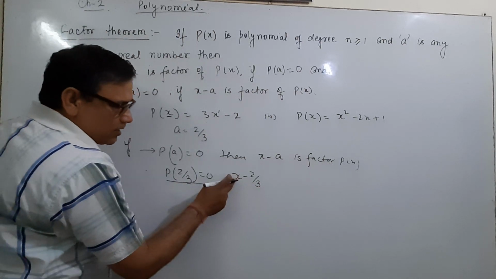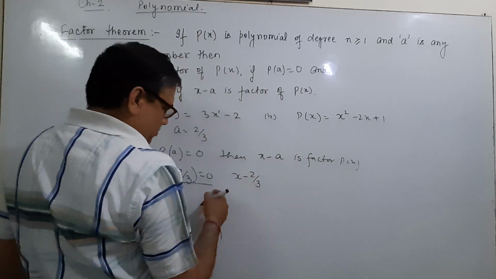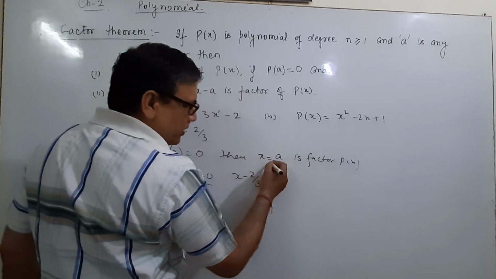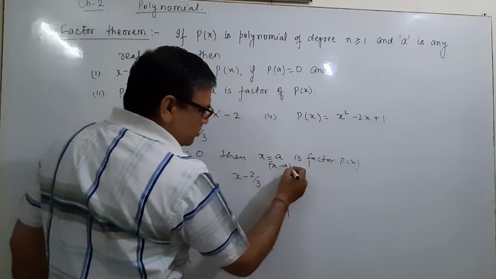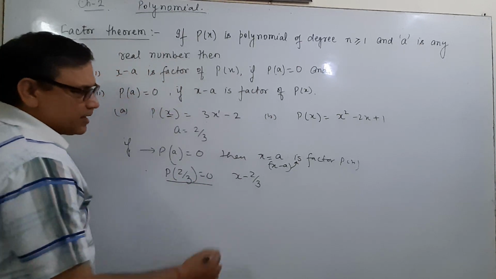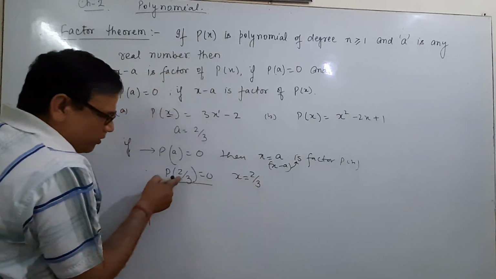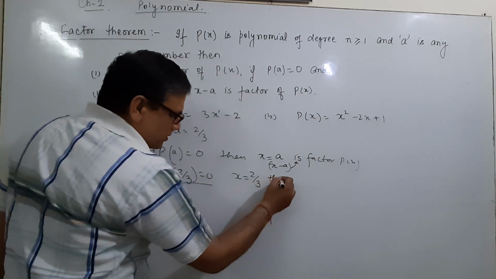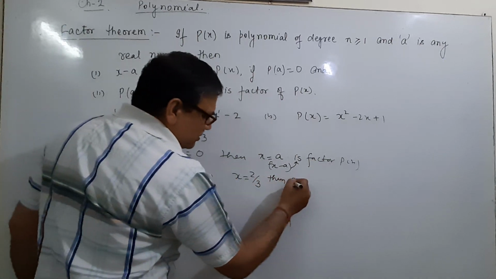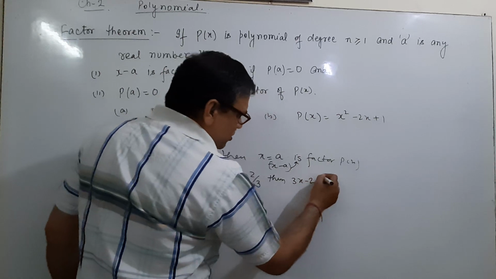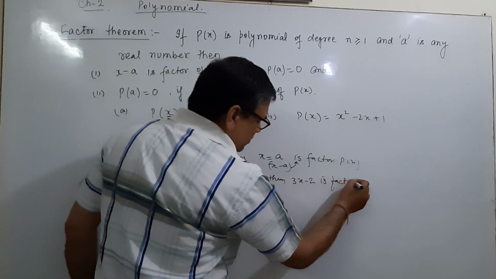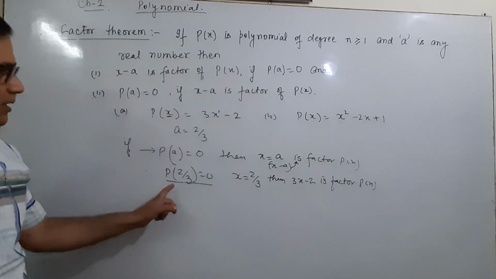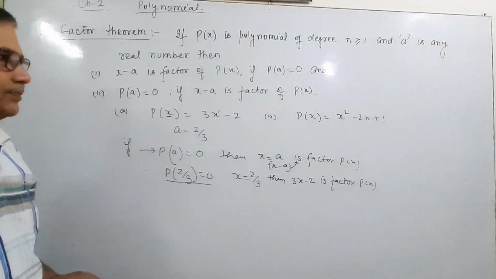Generally we write x - A, which means x = A, then x - A is a factor of P(x). Now putting x = 2/3, cross multiplying, 3x - 2 is a factor of P(x). Why? Because the remainder is equal to 0.